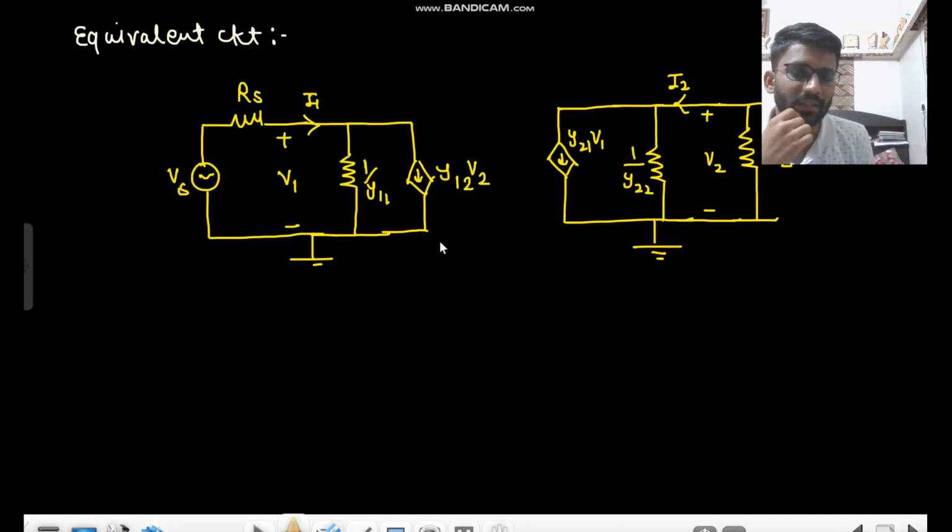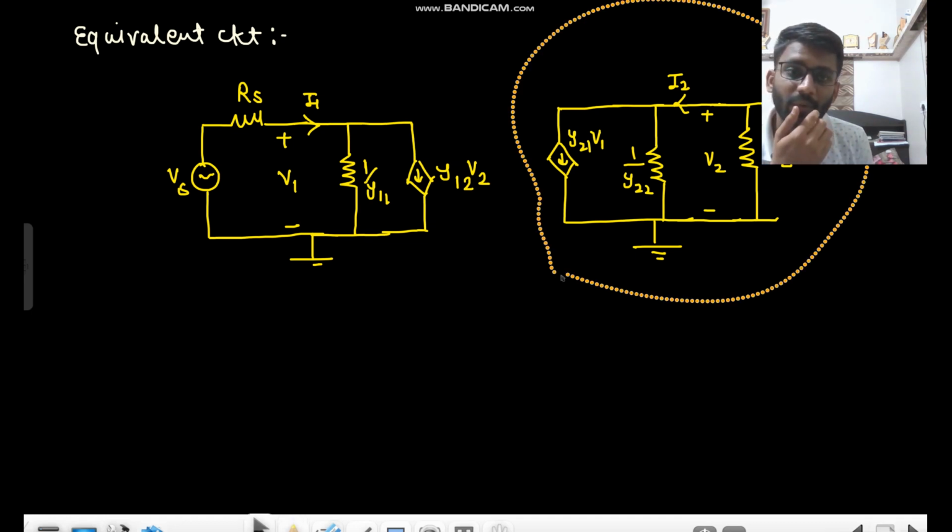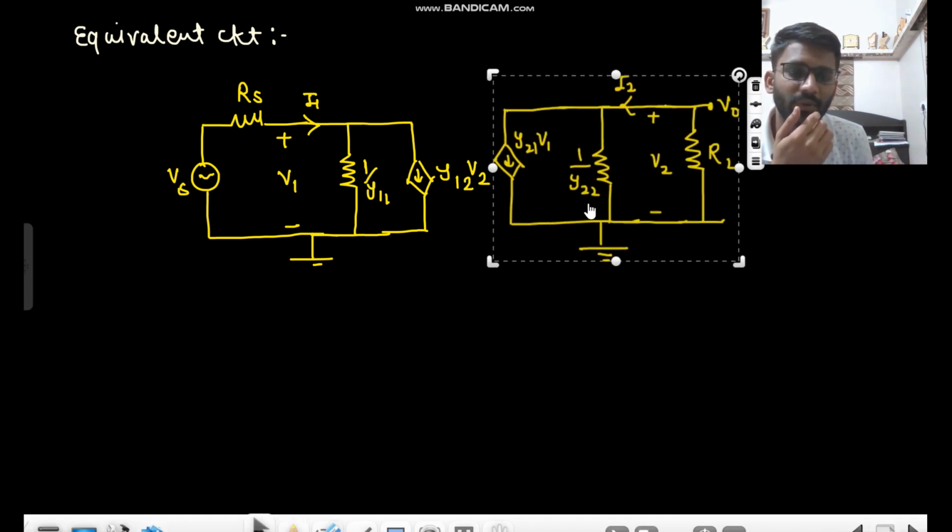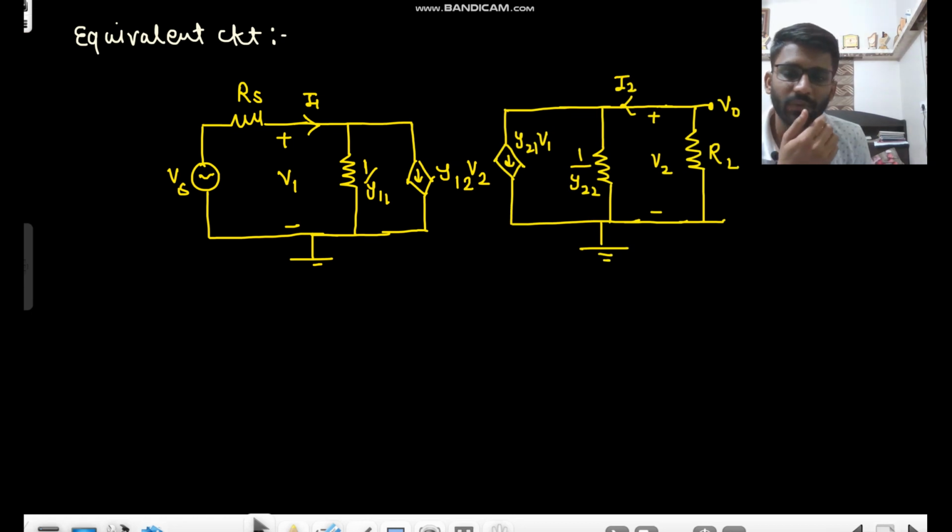I1 equals Y11 V1 plus Y12 V2, and this would be port 2. This is port 1 and this is port 2. If you consider port 2, this is how it will look: V2 equals Y22 I2 plus Y21 V1.